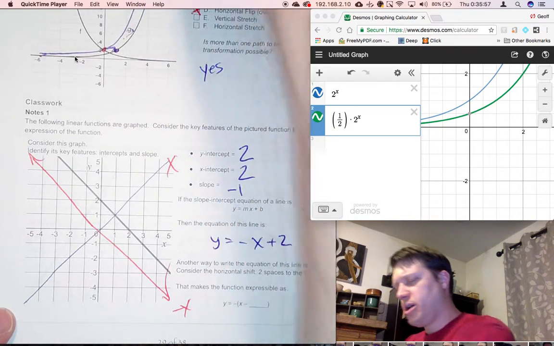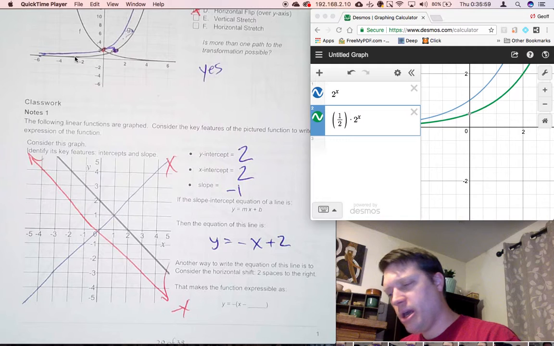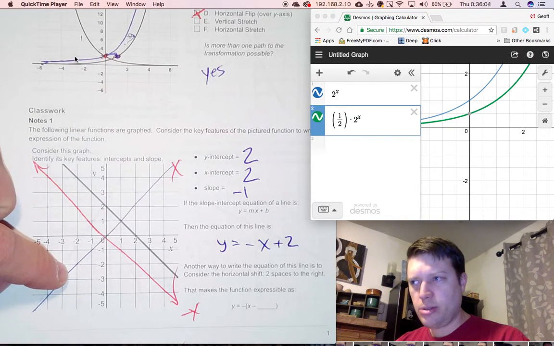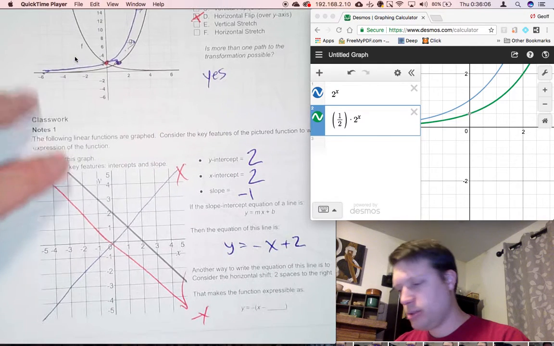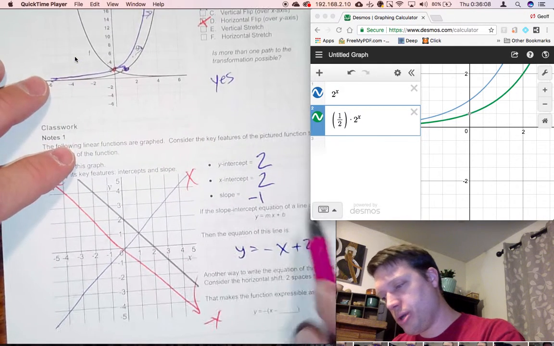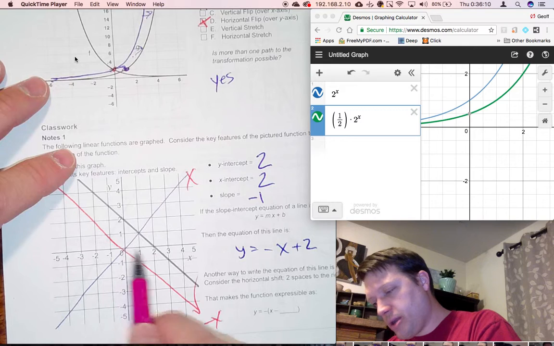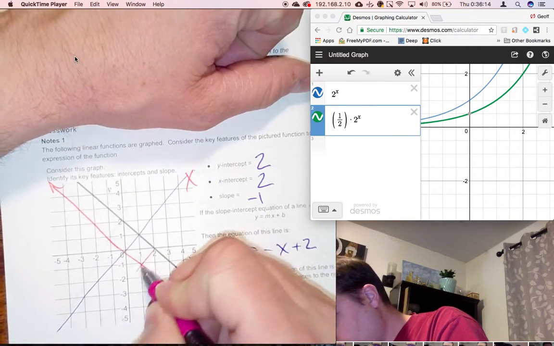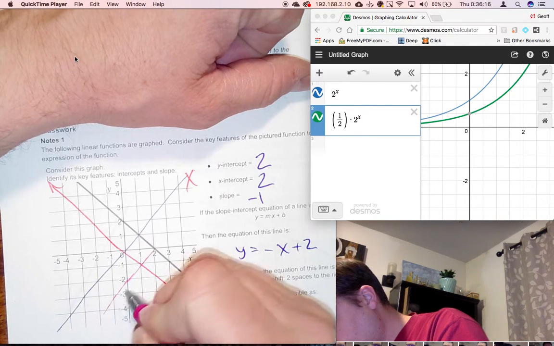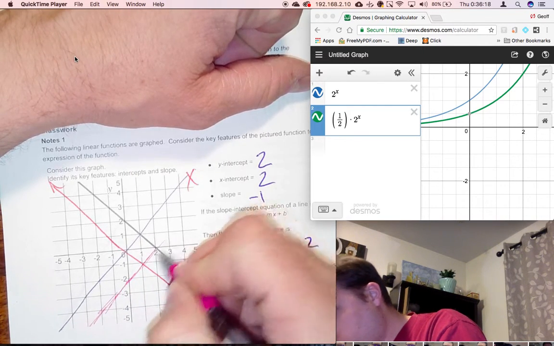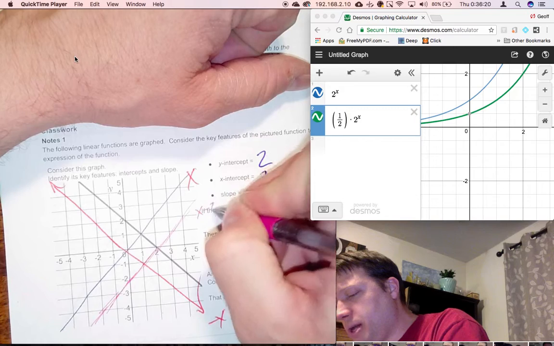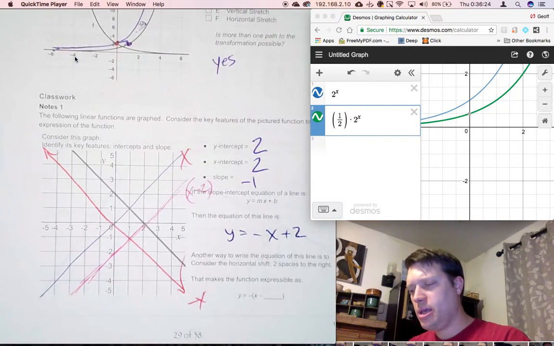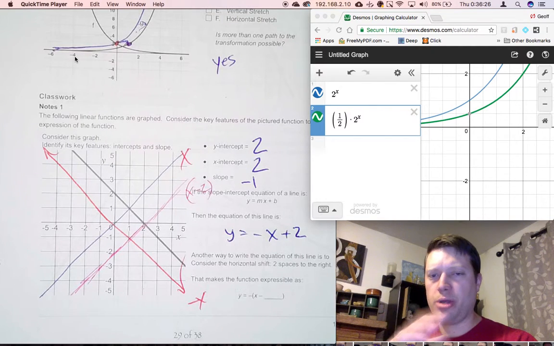Even as I'm talking about it, I realize that I need to do something. I'm going to shift every point on this line to the left. So, no, from there to there. Somehow, this would be x minus 2, in that I've shifted every point to the right.